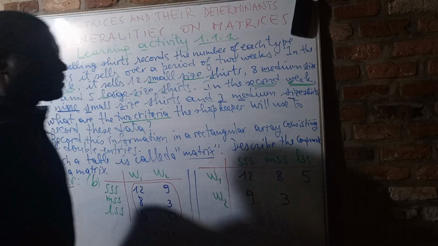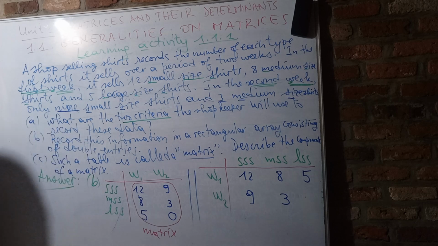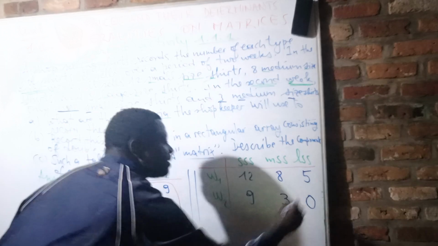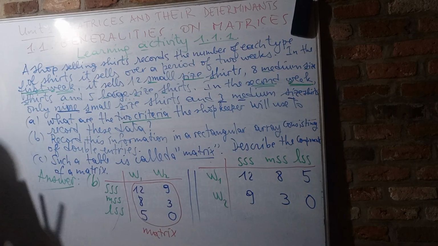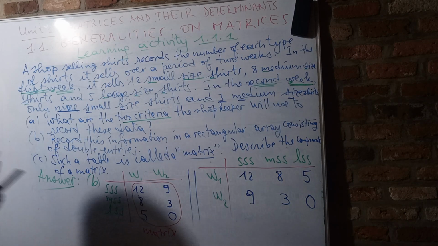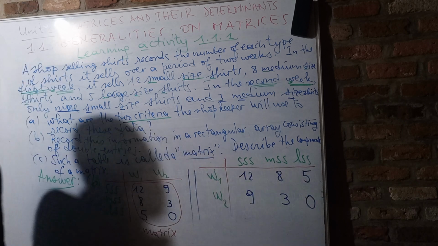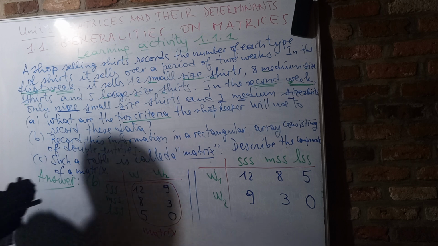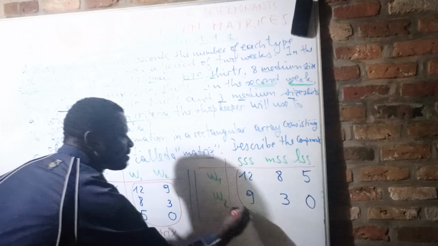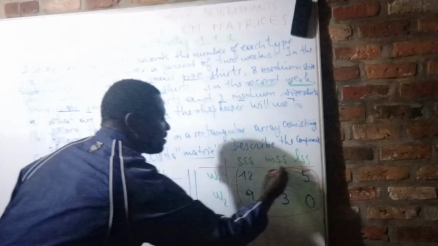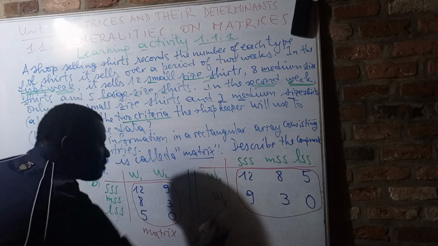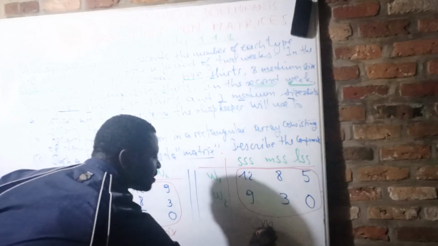Nothing is said about the large size shirts, which means you can assign it the number 0. So now what we obtain here is this array in this form, and this table is also called a matrix.